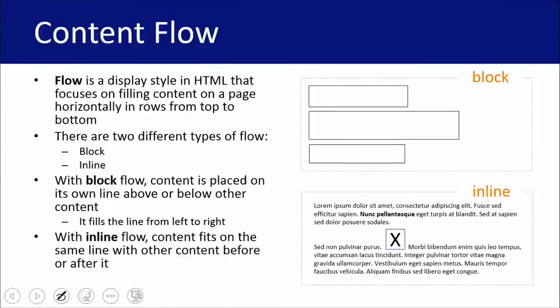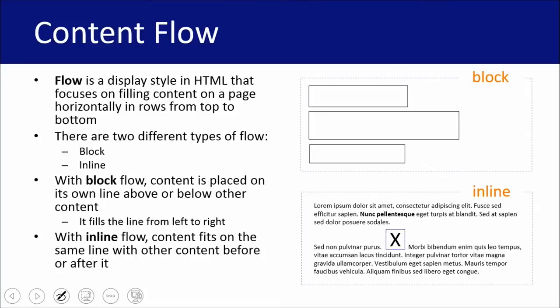We can change this using flow with CSS, right? So we have block flow and then we also have inline flow, okay? And actually, let me go ahead and backtrack. I just misspoke a little bit. There is block flow and then there is inline flow as well.